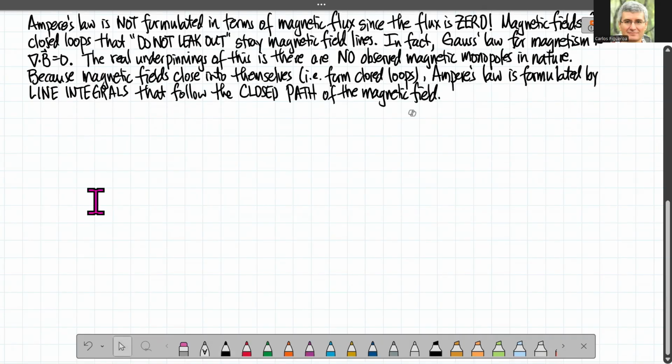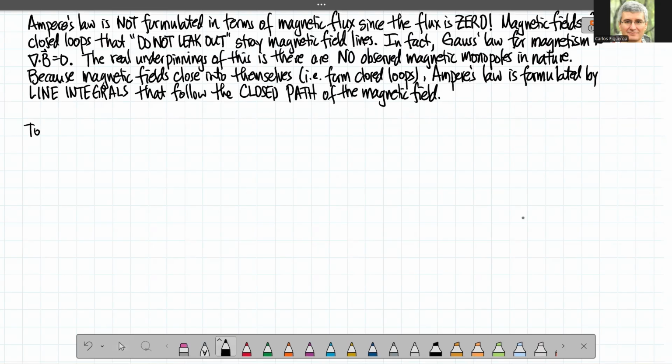Very similar to what we talked about with Gauss's law, we did not derive Gauss's law. We essentially came up with some rules and then moved from there. So I'm going to do the same thing.